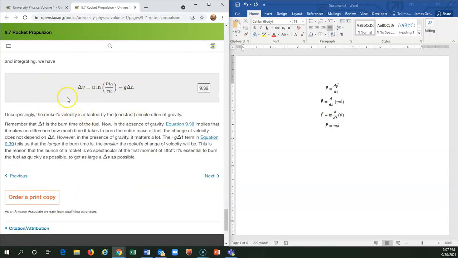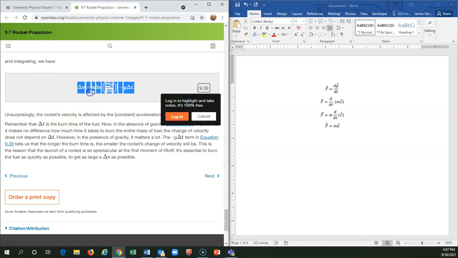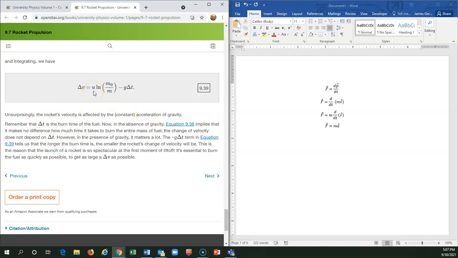So the change in velocity of a rocket is the velocity, this u here is the velocity of the exhaust from the rocket. And then this is the log of the total mass at the beginning of firing the rocket, divided by the mass at some time delta t later, after you've spent some fuel.